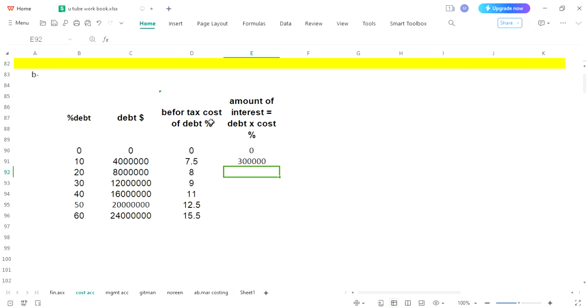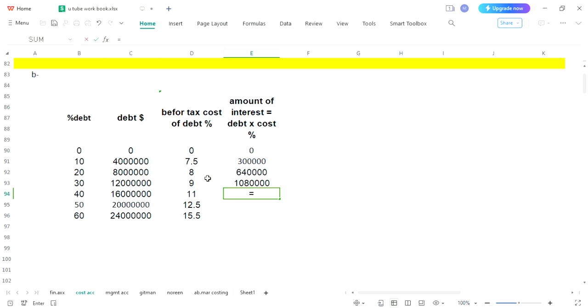In the similar way, second 8 million debt, and you need to calculate 8%, which is mentioned over here. Second amount of interest 6,40,000 calculated. Again 12 million was amount of debt, and you need to calculate 9%. So multiply by 9 divided by 100. Amount of interest is being calculated.